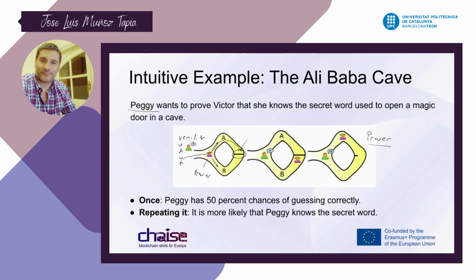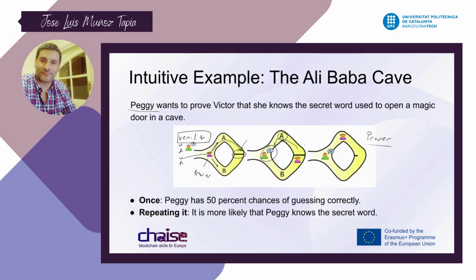But the verifier is not seeing anything here. He's outside the cave. Then the verifier enters the cave and says, you have to come through the upper branch, through A, let's say.